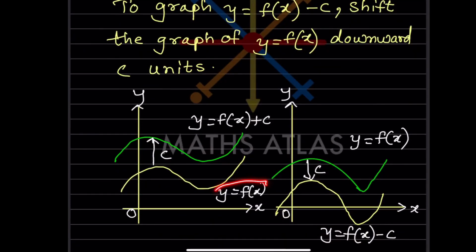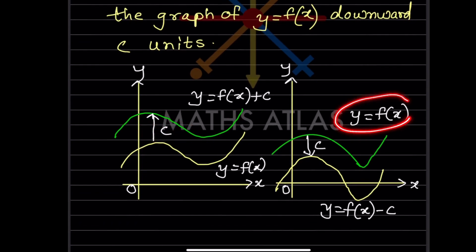So this is y is equal to f of x, and this is c, this is upwards. And for y is equal to f of x minus c, this is c, and this will be downwards. You are shifting it downwards. Hope both of them are clear.